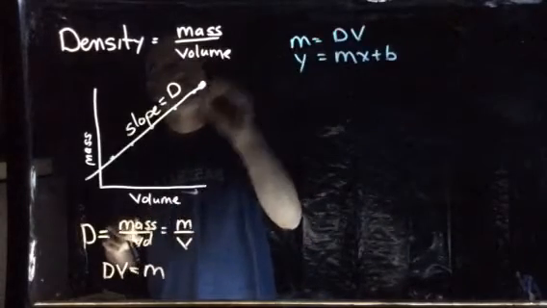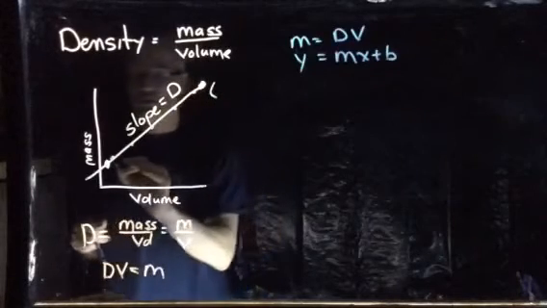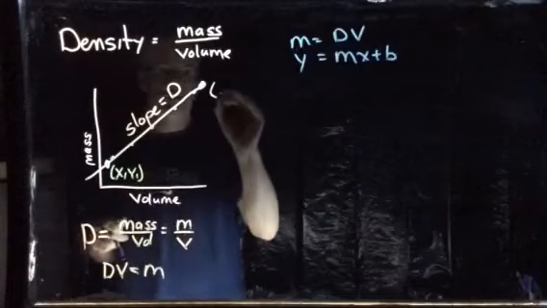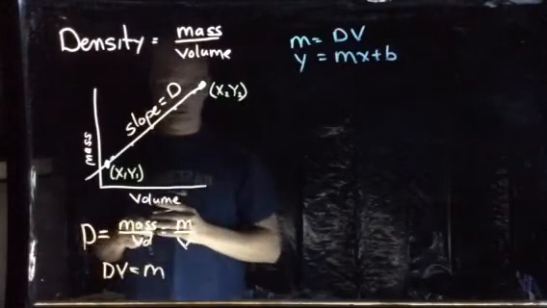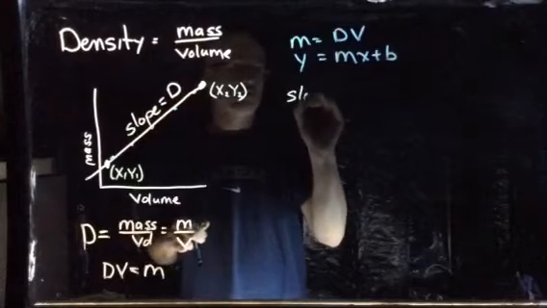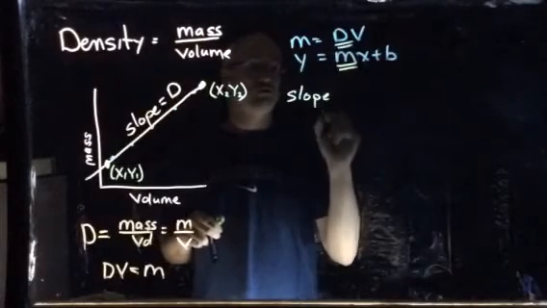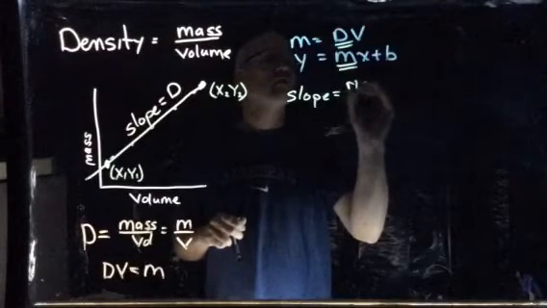points that are on the two extremes of the graph. And we can call these points x1, y1 for its coordinates, and x2, y2 for these coordinates here. And to find the slope, and slope is equal to m, which is equal to density, we can take rise over run.